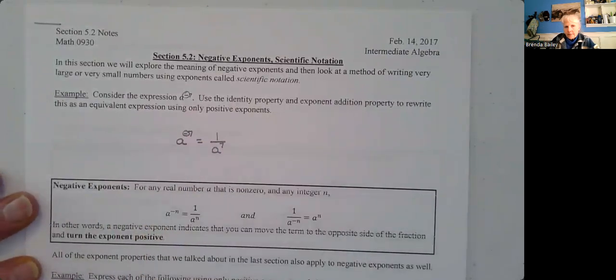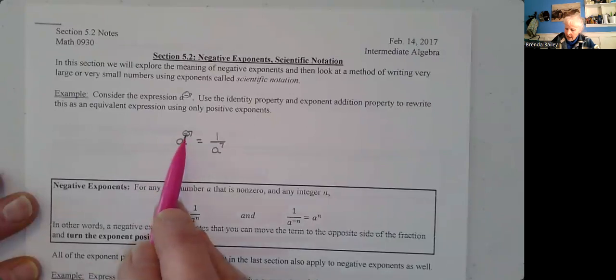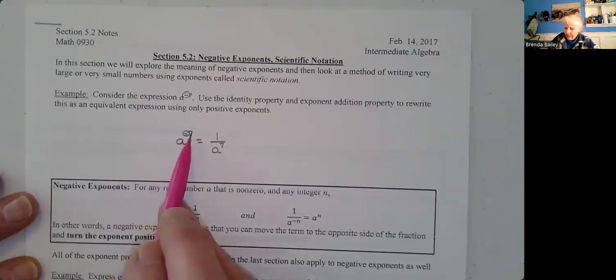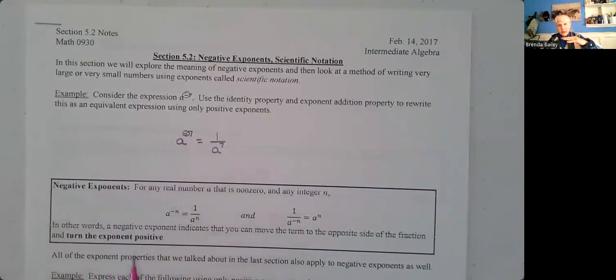So the negative exponent, think of it as a position changer from numerator to denominator. And that's all it does. There are some people that would like to change the sign on the base. That's not what this negative exponent does. It just changes the position, numerator to denominator or denominator to numerator.